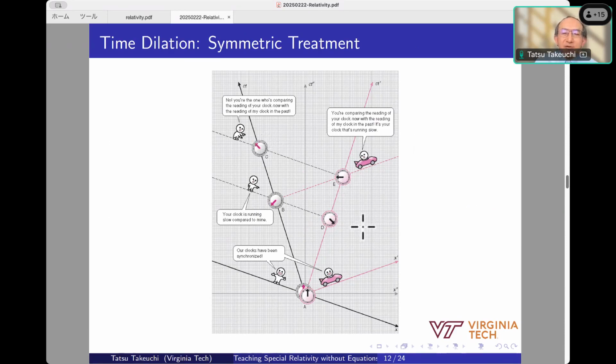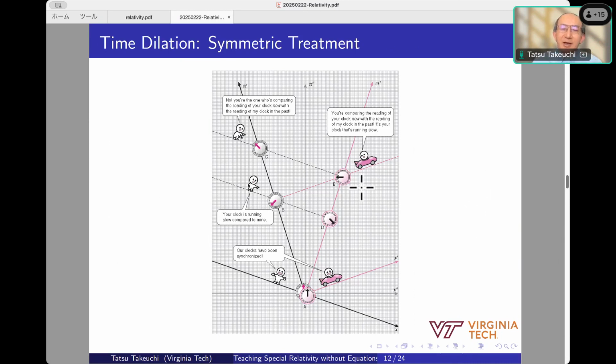So when the two observers compare the readings of their clocks, they will always be comparing the reading of the clock that's moving with them with the reading of the other clock at the same time in their frame. But from the other frame, it will always look like the reading of the clock is being compared to what it was in the past.